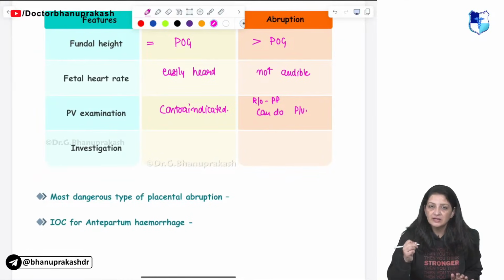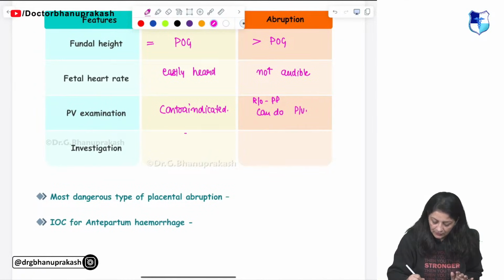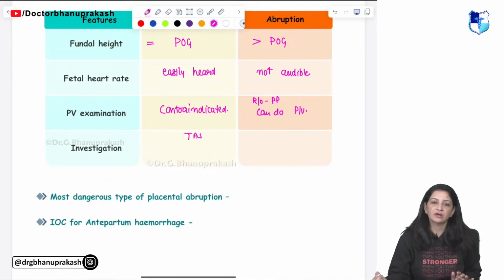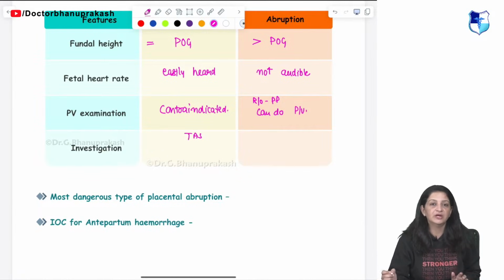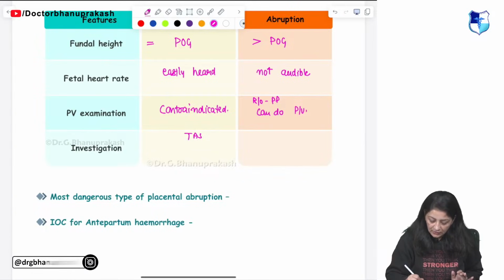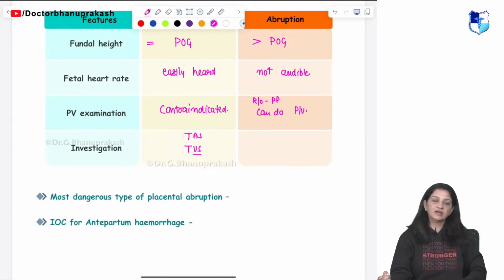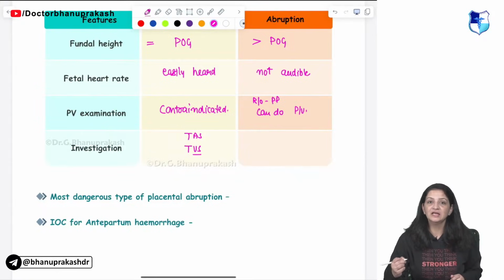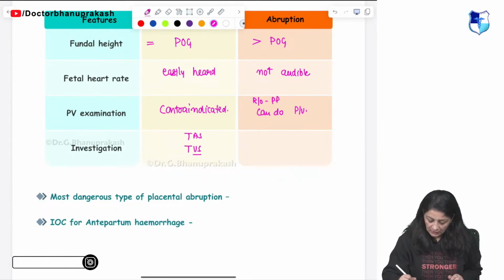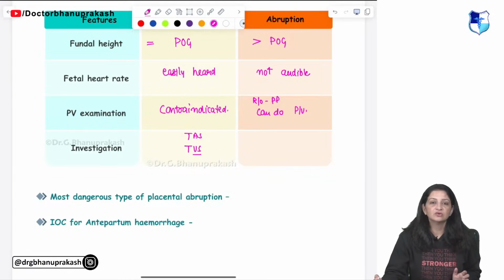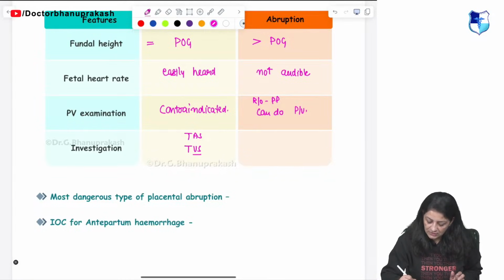Next one, investigation. For screening of placenta previa, transabdominal sonography. For screening, if the patient comes with bleeding, first step is ultrasound. But investigation of choice is TVS, transvaginal sonography. But in case of abruption, ultrasound is not important because it is diagnosed clinically.